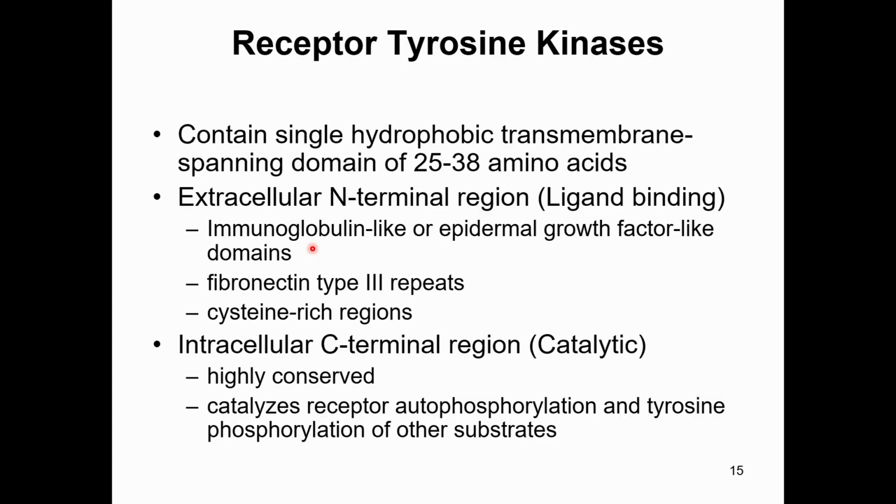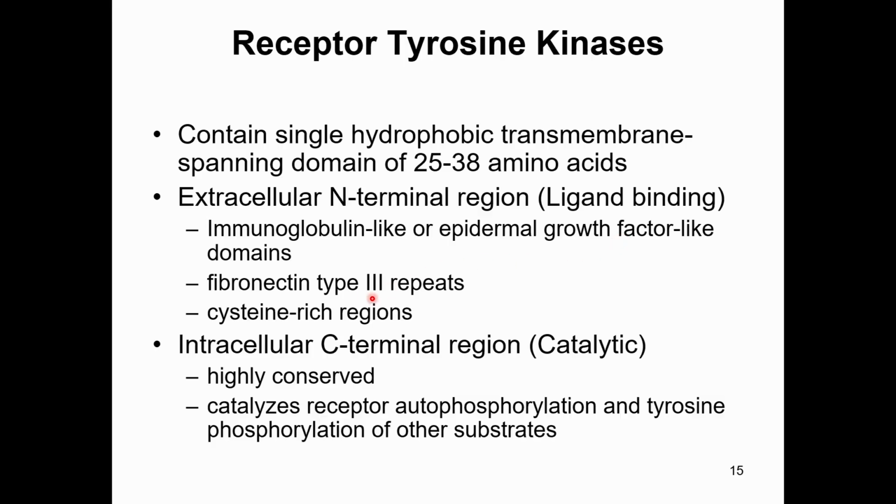The structure of that N-terminal region is a little bit like immunoglobulins, like antibodies, and some of them look like epidermal growth factor. So many different growth factor receptors have one or the other of these types of extracellular N-terminal regions because they bear resemblance to immunoglobulins or EGF.